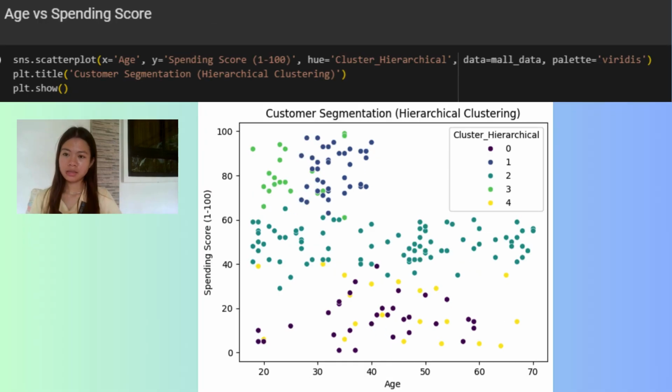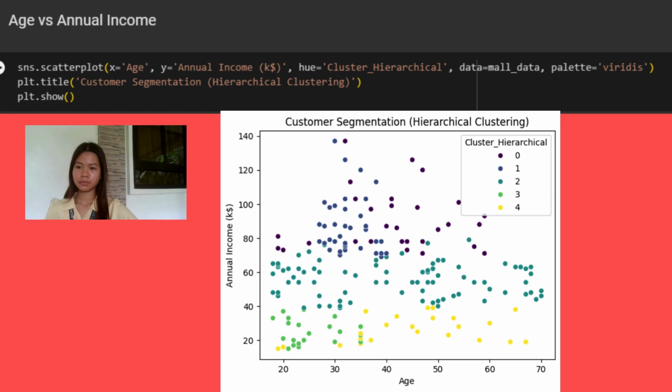We also test another feature pair, which is age versus spending score, for experimentation only. The age versus spending score plot highlights how spending varies with age. For example, younger customers may have diverse spending patterns while older customers spend more consistently.